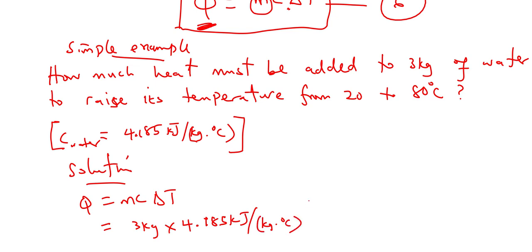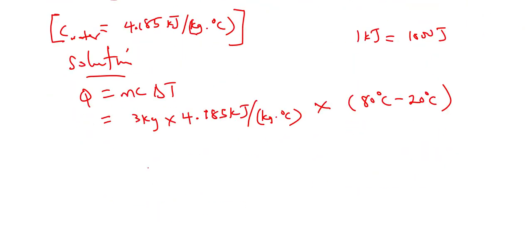It's the same thing as 4185 joules per kilogram per degree Celsius. 1 kilojoule is 1000 joules. Multiply by the change in temperature, that will be 80 degrees Celsius minus 20 degrees Celsius. So 80 minus 20, that is 60.